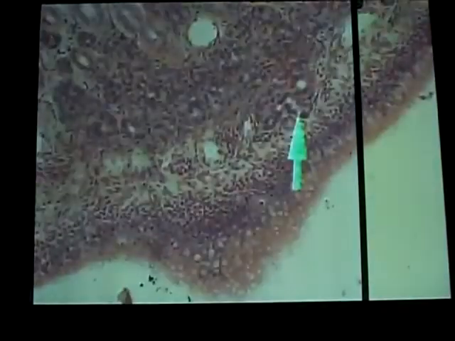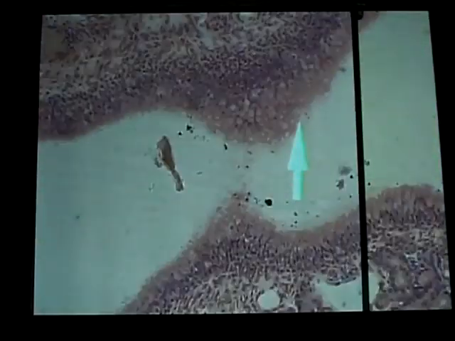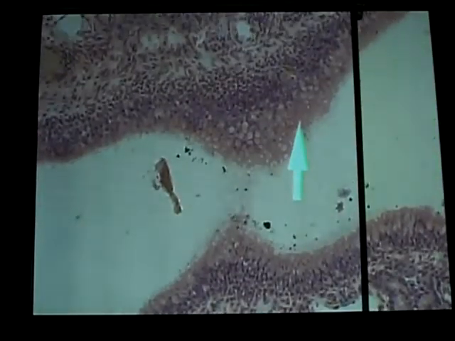Once you start seeing that, then you know that you're in your olfactory epithelium. In this one we're not really seeing any transition. I think that was just how it was cut, because we're still seeing goblet cells.